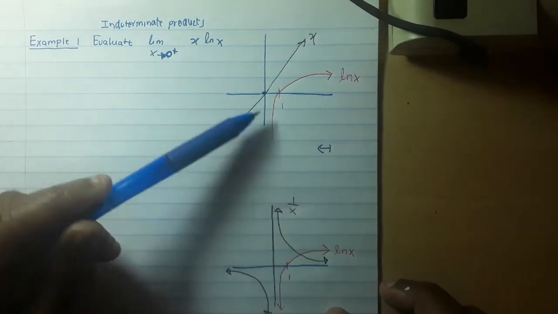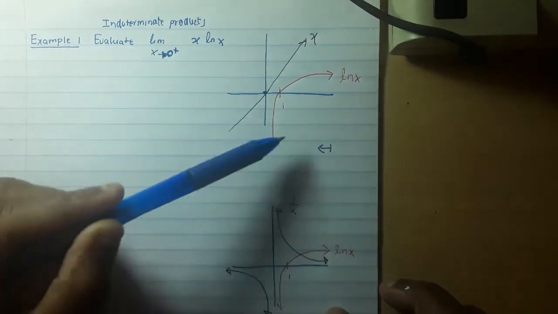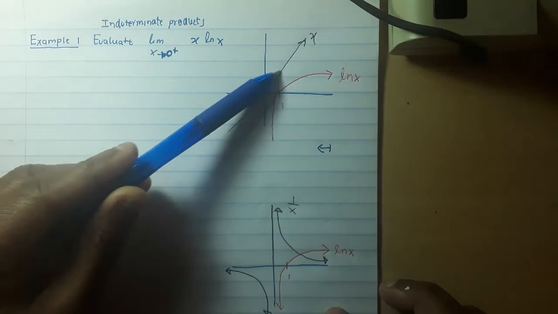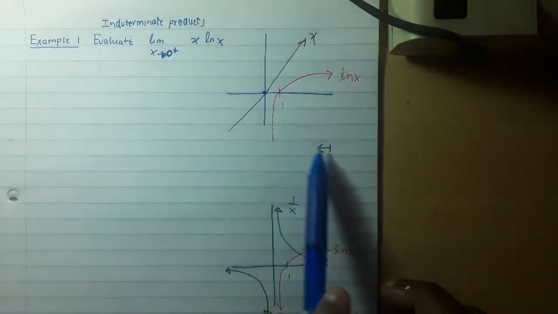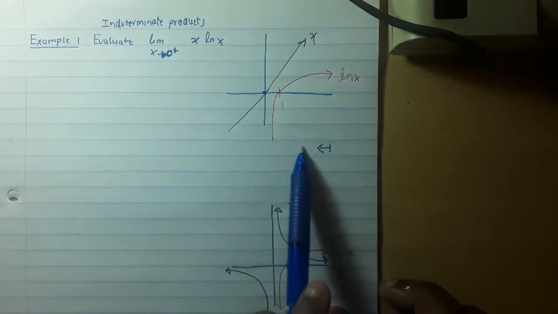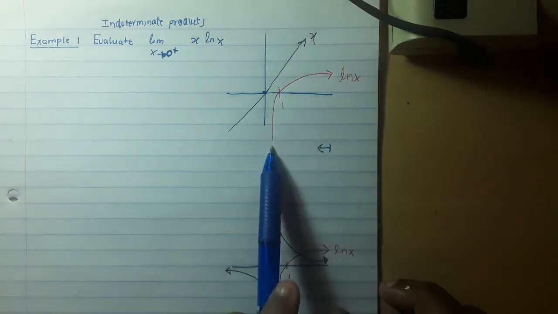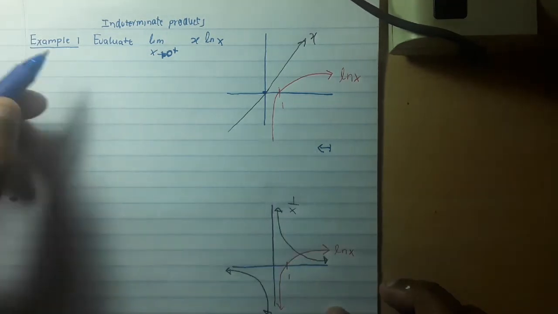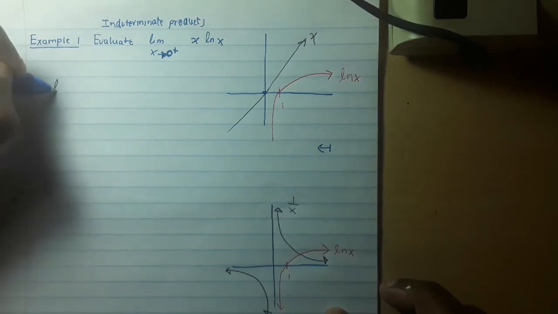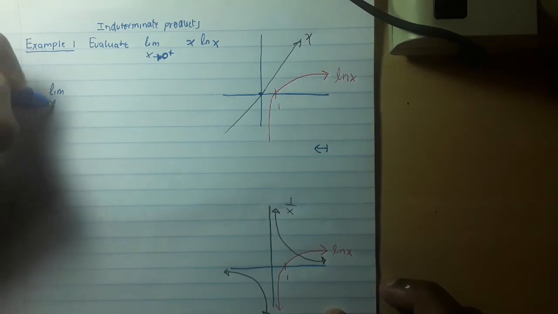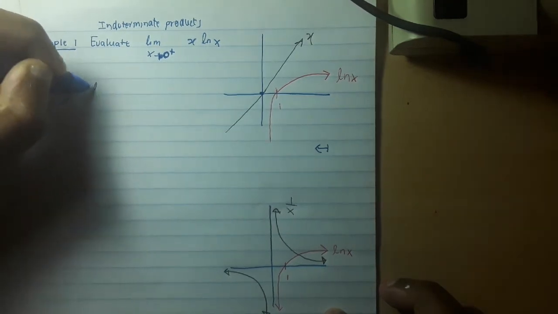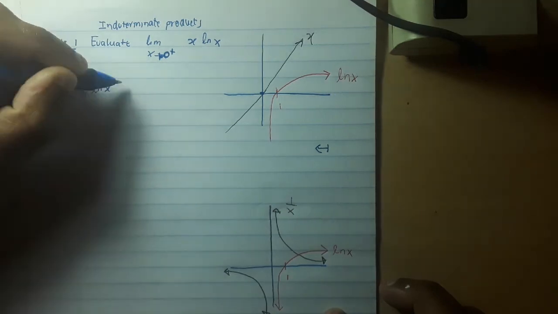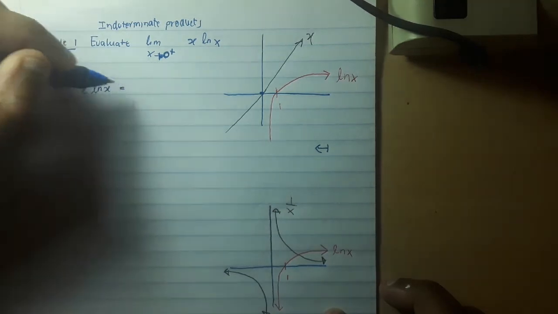Here we have a graph of ln x, and here a graph of x. We see that as we approach 0 from the right side, this graph turns towards negative infinity. So essentially we have the limit as x tends towards 0 from the right hand side of x ln x.